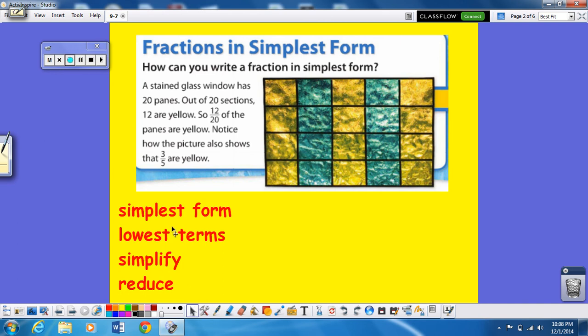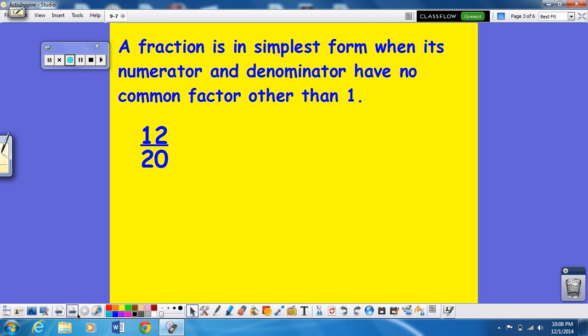So I want you to be familiar with all these terms and know that they all pretty much mean the same thing. And that same thing is, a fraction is in simplest form when its numerator and denominator have no common factor other than 1. So our goal is to get the fraction down to where the numerator and the denominator only have 1 as a common factor.